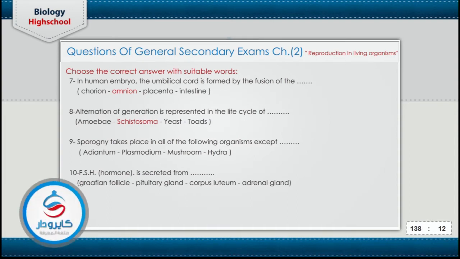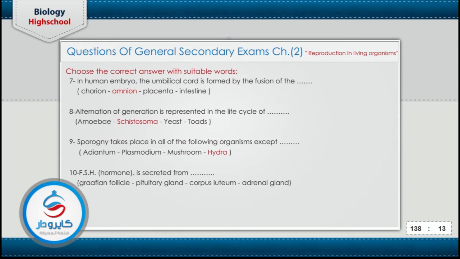The mushroom is an example of the fungi, and most of the fungi reproduce asexually by spores, but the Hydra is an exception. So the Hydra is not reproduced by sporogony, but it can reproduce by regeneration and also by budding.